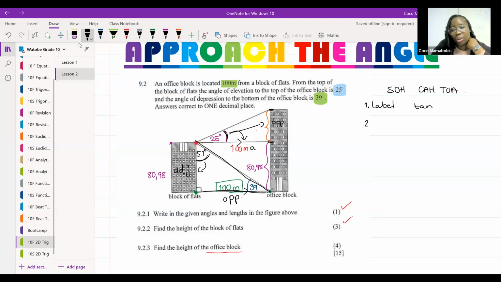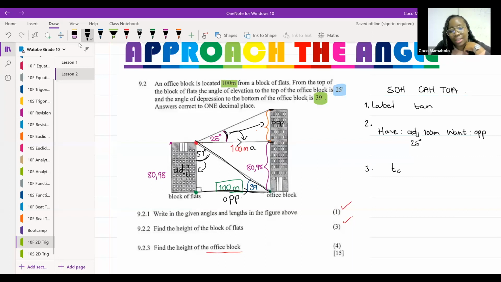Excellent. So, number 2 is have versus want. What I have is my adjacent side, which is 100 meters, and I have my angle, which is 25 degrees. And what I want is my opposite side. I know I'm going to use tan. Then number 3, I'm going to set up my equation.